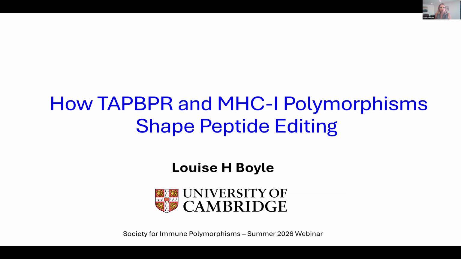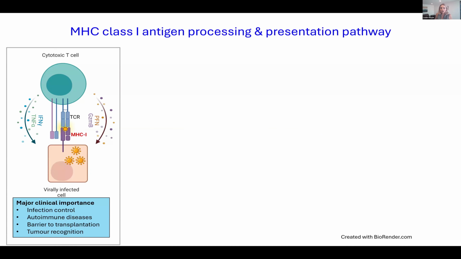Today I'm going to talk about TAPBPR and these MHC class 1 polymorphisms, and how these two combined help to shape the peptide editing process. So MHC class 1 molecules are critical for immunosurveillance.